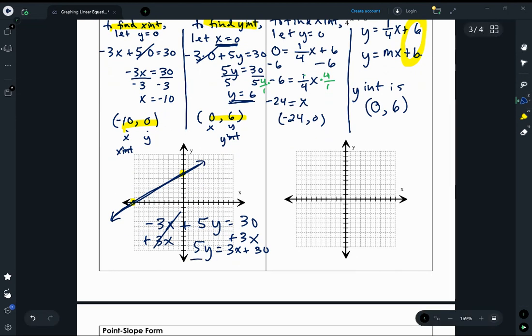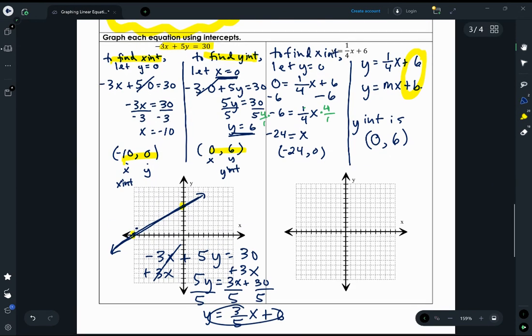So there are other ways to graph this. If I am trying to get a really quick graph, often I like the intercept method, but the intercept method is only 2 points on the graph. If I'm trying to get a super accurate graph, that's when I would go with my slope-intercept form. So it depends on what you're doing.